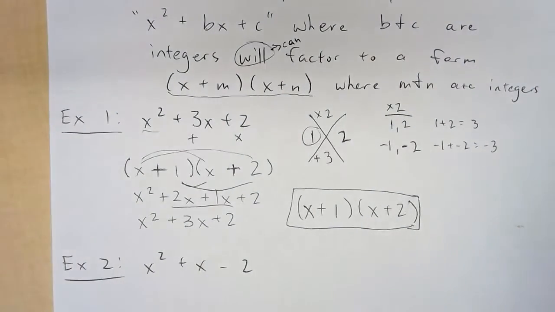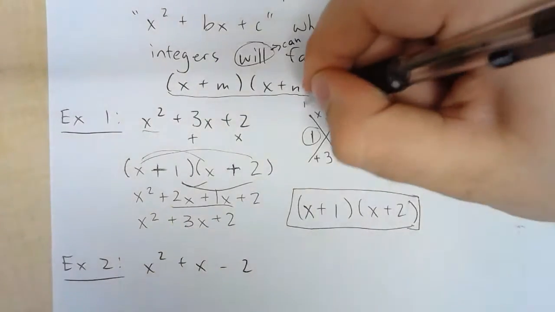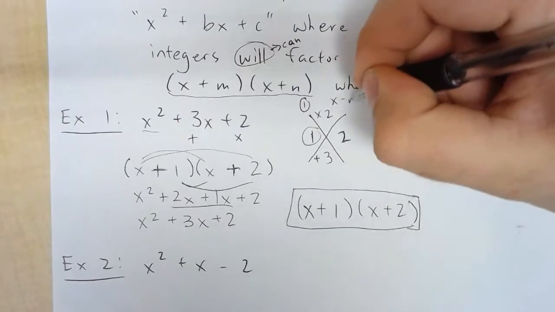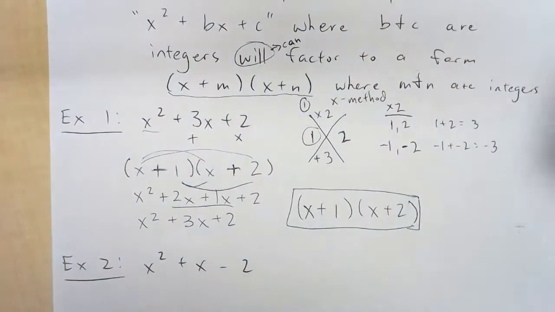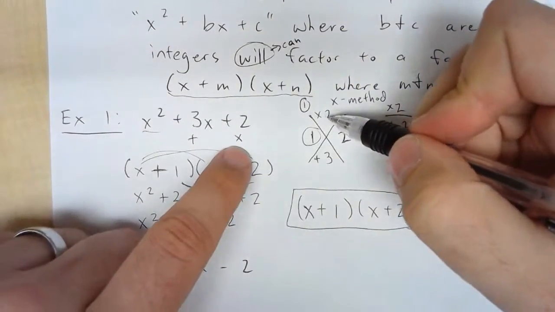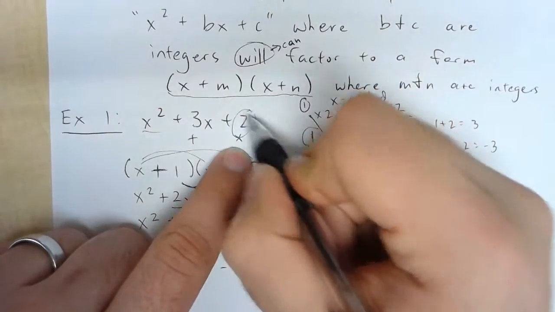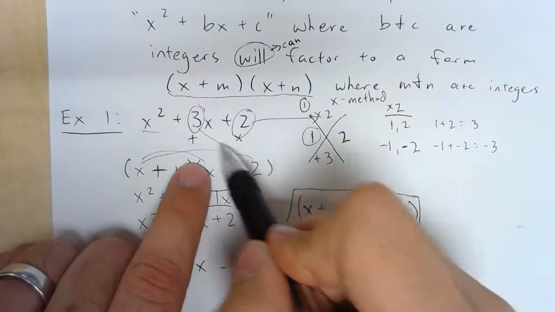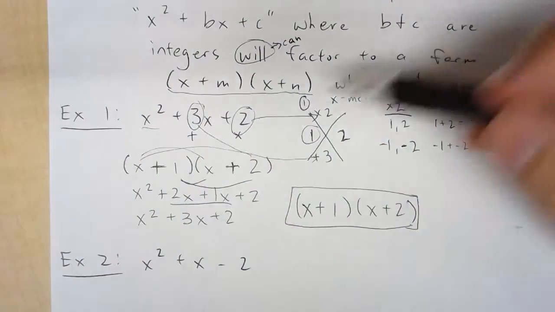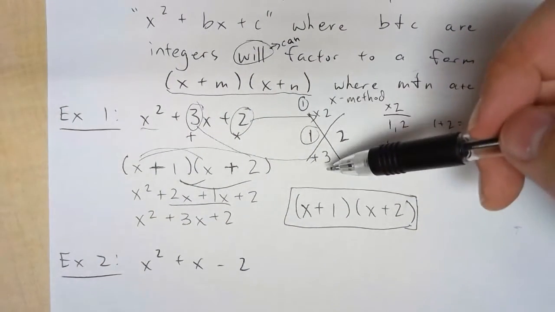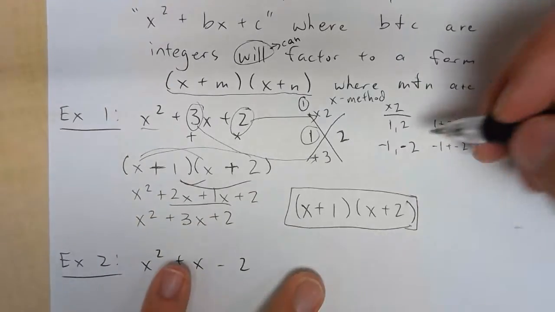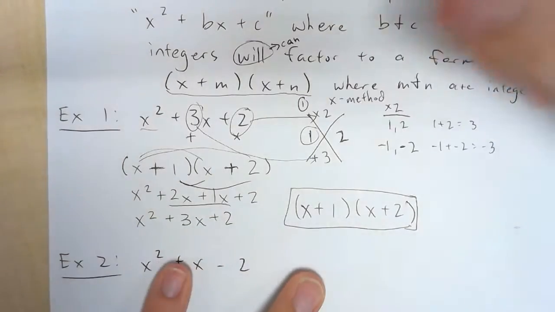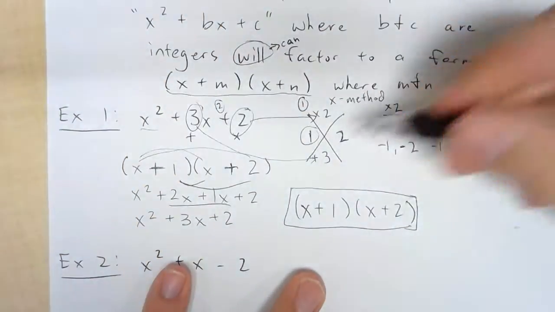Okay, so let's take a look at what we did first. The first thing I did was I made an x so I could use the x method. I put the one at the top as my c, so my c number is always going to go here at the top, and my b, my middle number, is always going to go here at the bottom. And I make sure to say, hey, I need to multiply to be this one and add to be this one. After that, so I guess that was step 2, is write the things in the right spot.